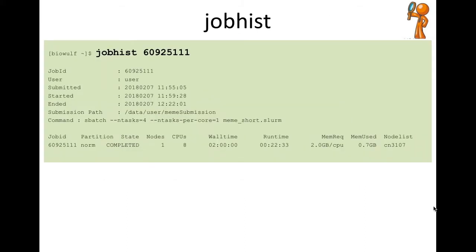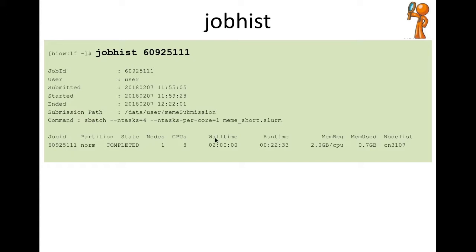Once your jobs have completed, you might want to know how much memory they actually used, so that you can determine how much memory to request in future when submitting similar jobs. And for that, you can use the jobhist command. The command is jobhist and a job ID, and this is what the output looks like. It'll report some information about the job.